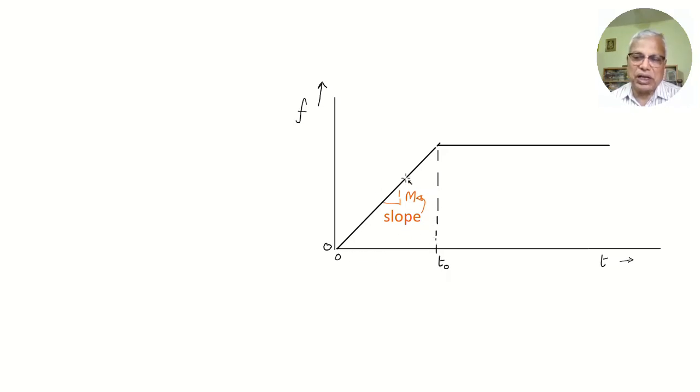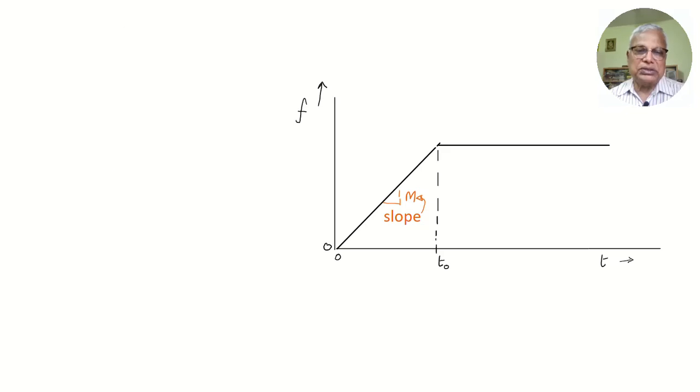Till t naught, it varies linearly with time, at a constant rate m, which is the slope. At t naught, the variation is terminated, and afterwards it has a constant value. So this is known as terminated ramp input.